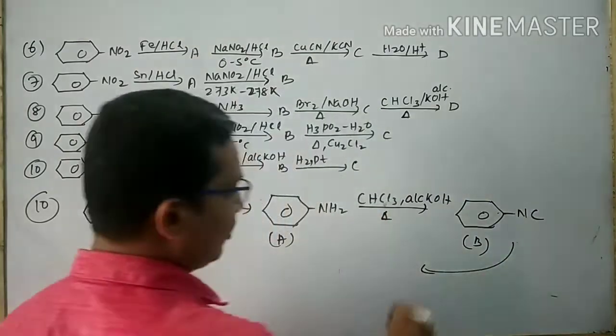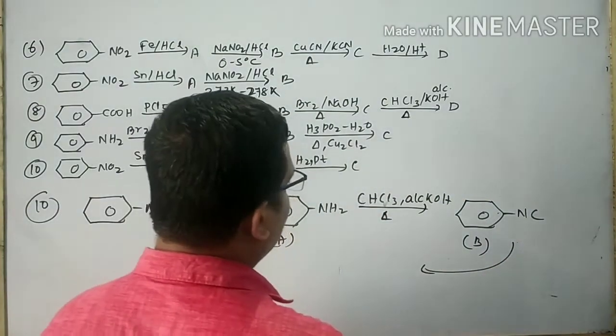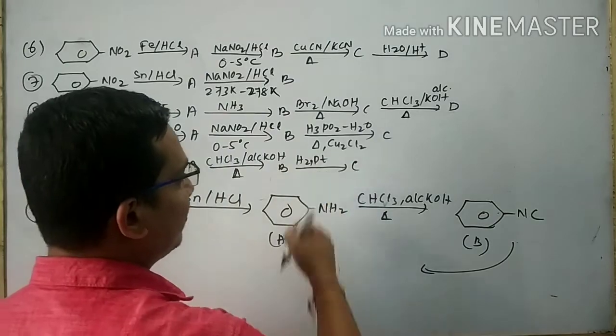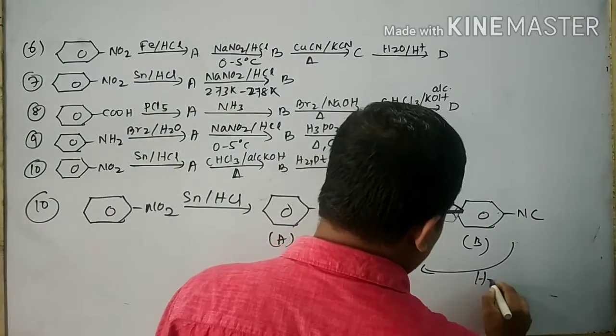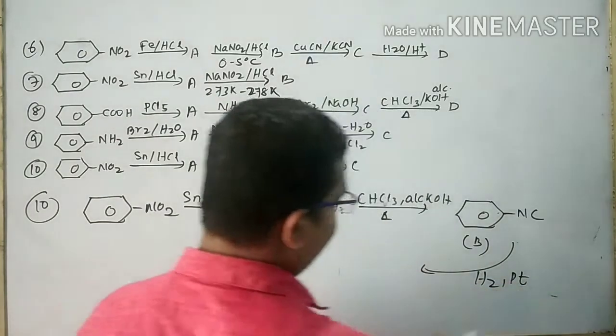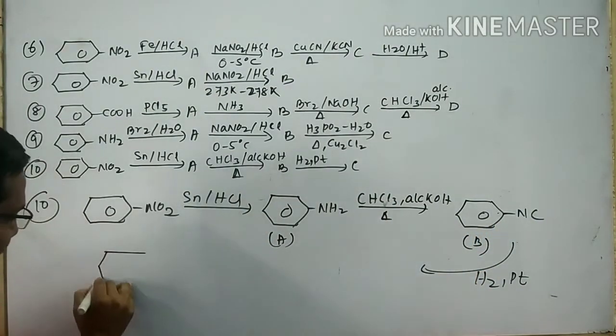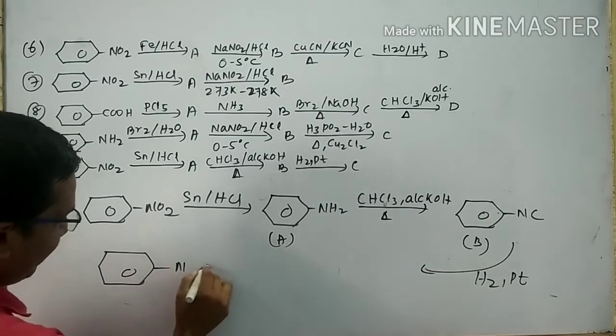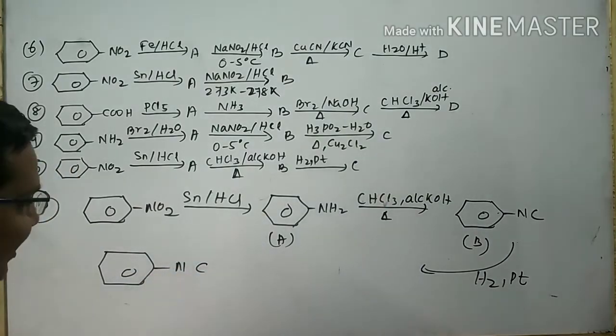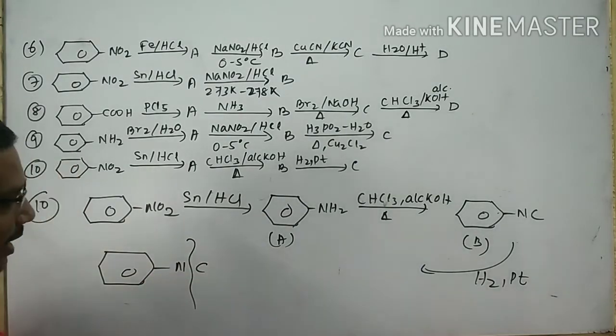Again B product is subjected to reduction by the help of reducing agent platinum. So we can write here H2/Pt. It undergoes reduction. Look at that. This is your structure of phenyl isocyanide. Reduction takes place. I can do the reduction like this.